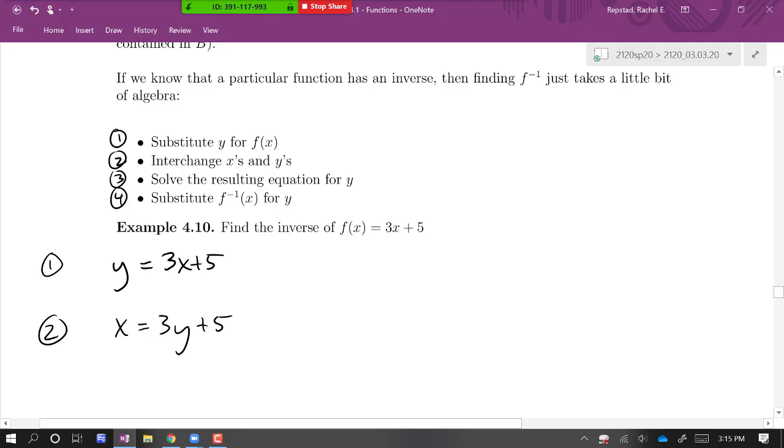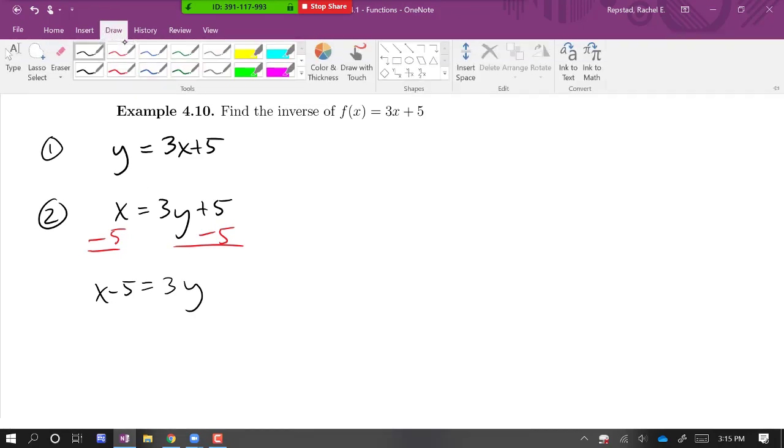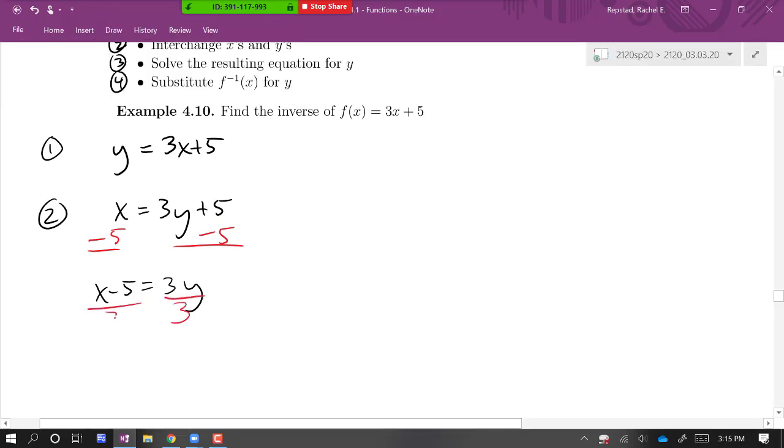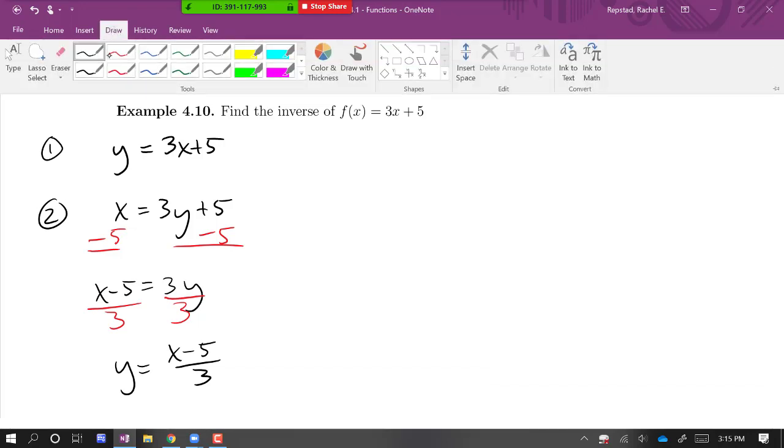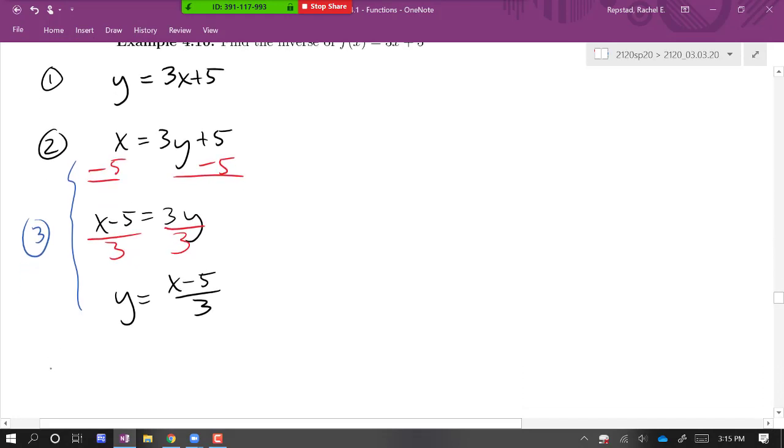Now I'm going to do algebra and solve it for y. So subtract 5 and then divide by 3. So we get y equals (x minus 5) over 3. This part here is step 3. And then last, instead of writing y equals, we write f inverse of x.